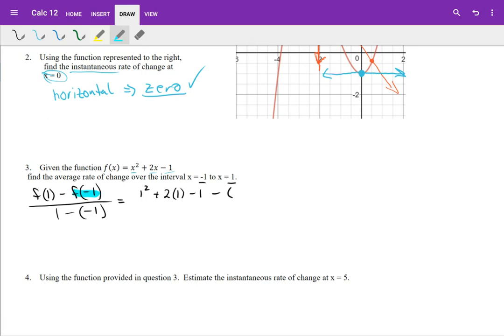We're doing f of -1 now here. And that is a -1 squared plus 2 times a -1 minus 1. And then again, all of this is over 2.